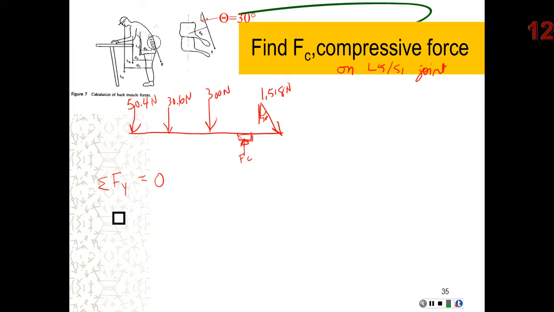That means negative 50.4, negative 30.6, and again these are downward directions, so that's why they're negative, negative 300, positive Fc pushing upwards, and then minus the EY, just the Y component, the up-down component of the effort, all equal to 0.